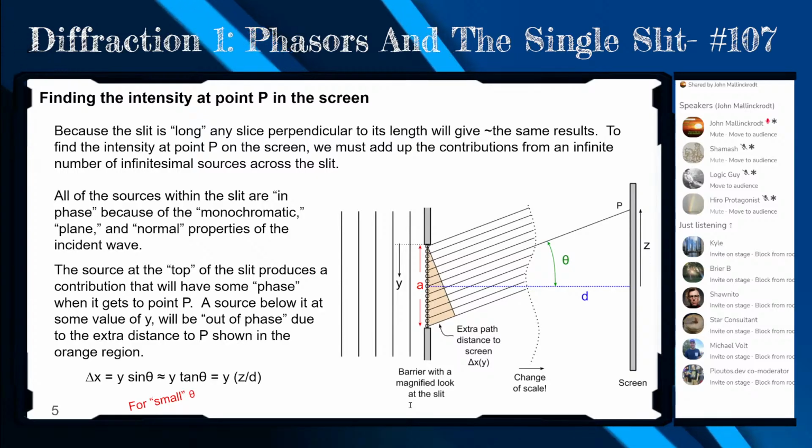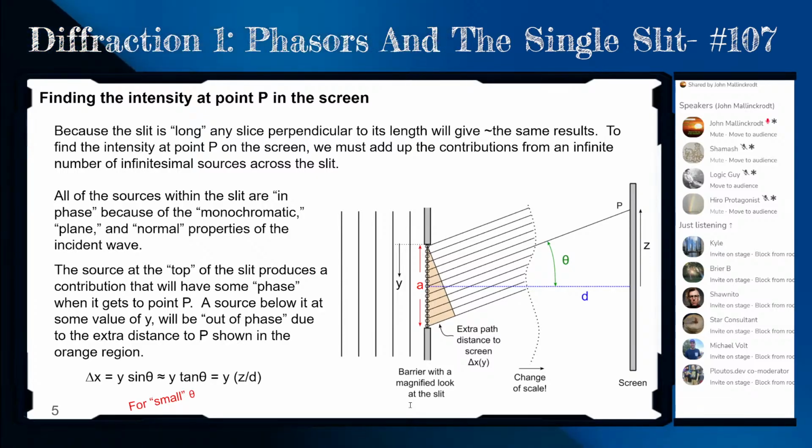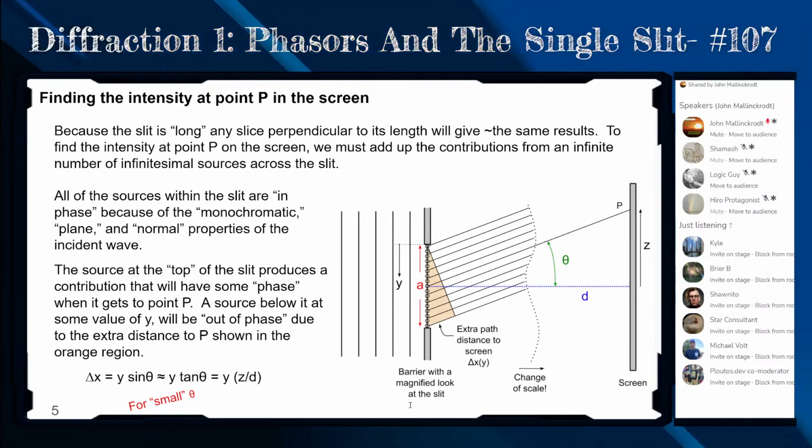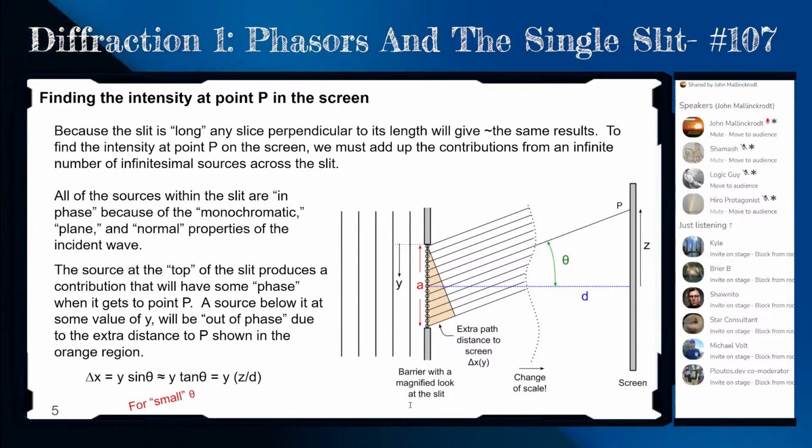So the important thing about that is that the extra distance traveled is equal to the y coordinate, the bigger the y coordinate, the bigger the extra distance traveled, times that fraction z over d, which just basically tells you that angle theta. D doesn't change, but as z gets bigger, the angle gets bigger.